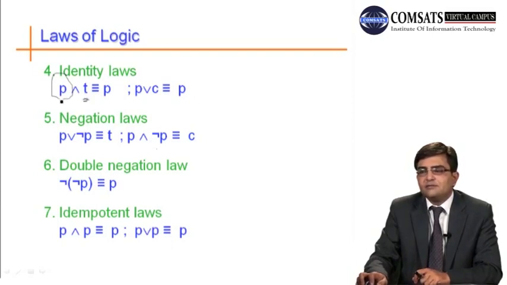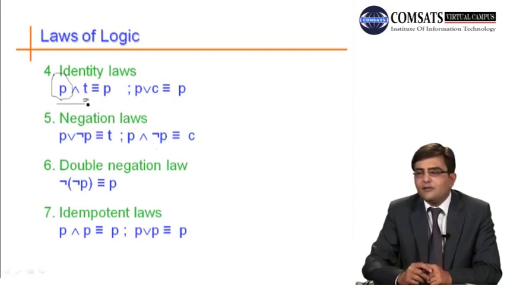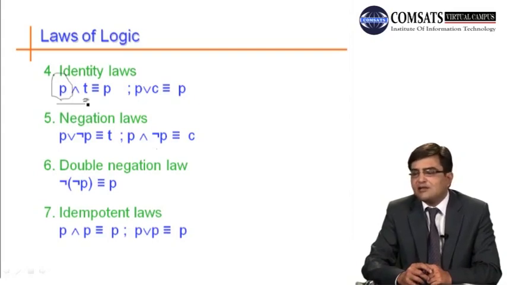If P is false, then this conjunction is false. So this compound proposition gives us the same truth values as P. Therefore, P and T, where T is a tautology, is logically equivalent to P.